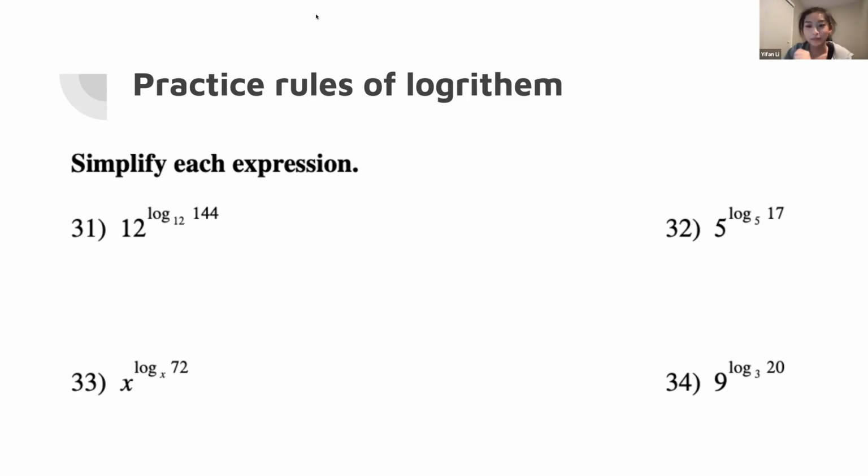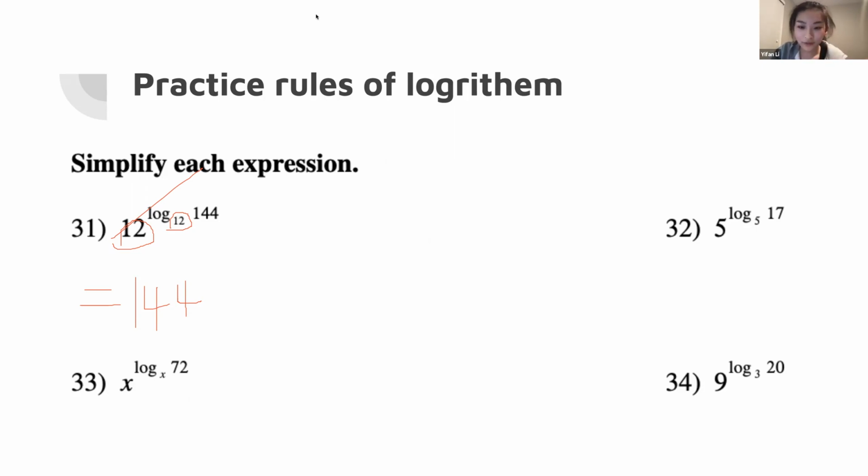And as you can tell, there's a 12 and there's a 12 there, which means they are the same, and they can be canceled. So cross out, and the answer will be 144. That's it. Easy.